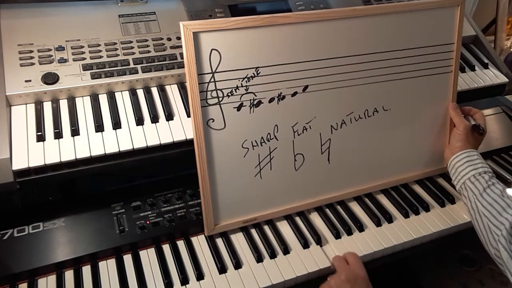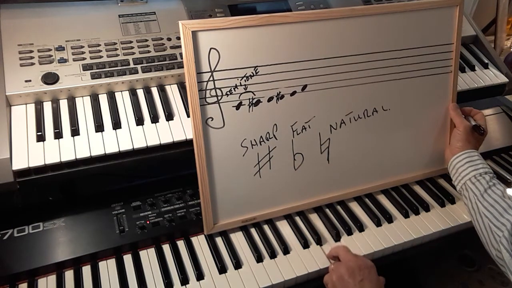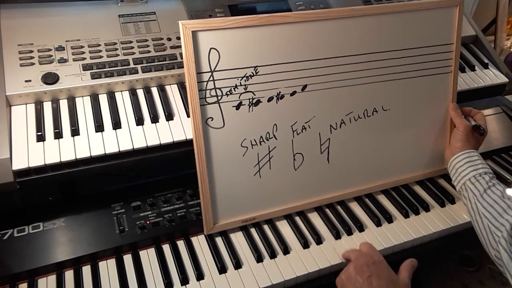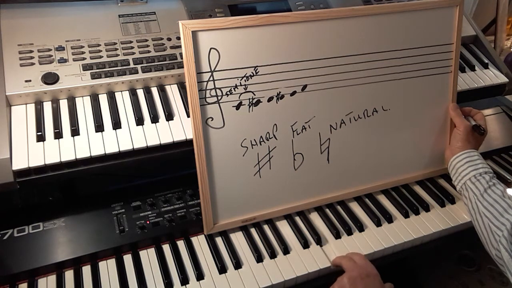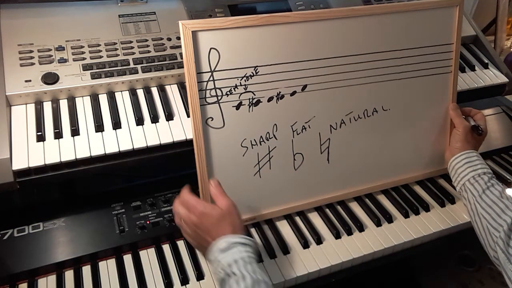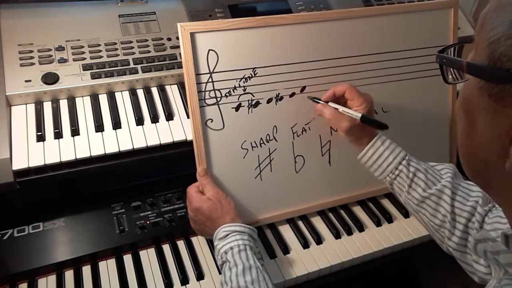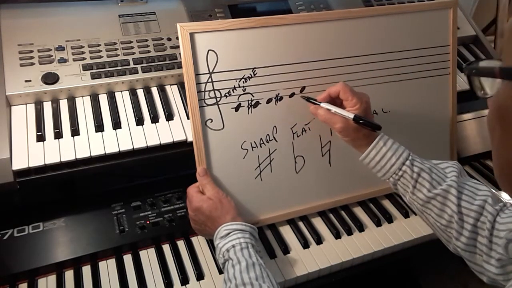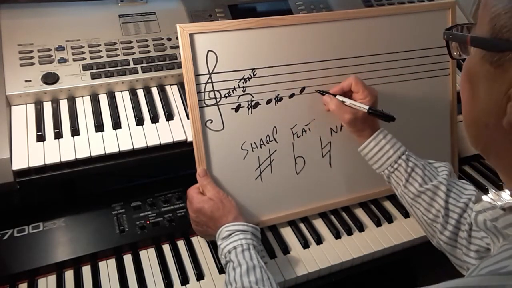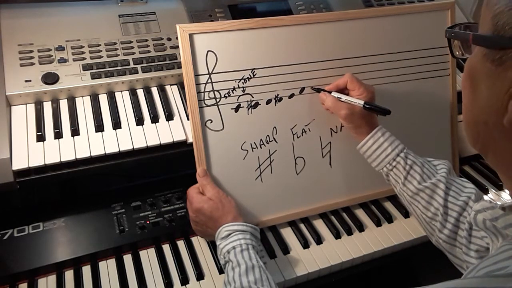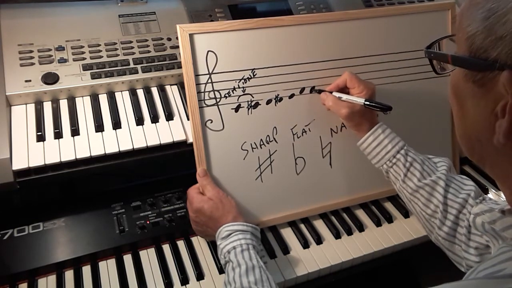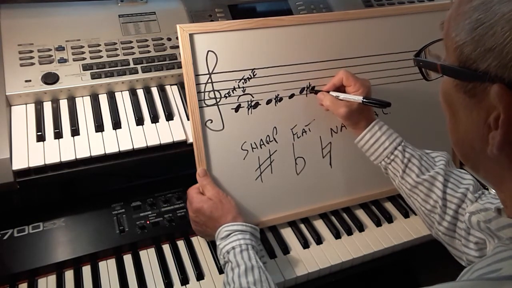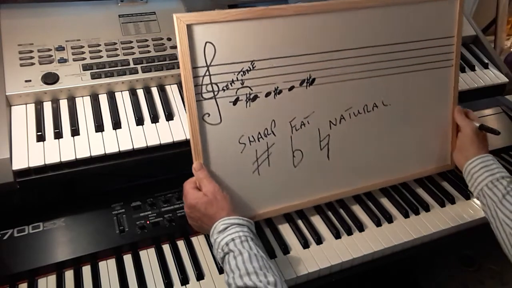But from E to F, we've already got the semitone that we want because there's no pitch of sound between those two. They are a semitone apart. That's D sharp to E, E to F, and now we want to go to F sharp.